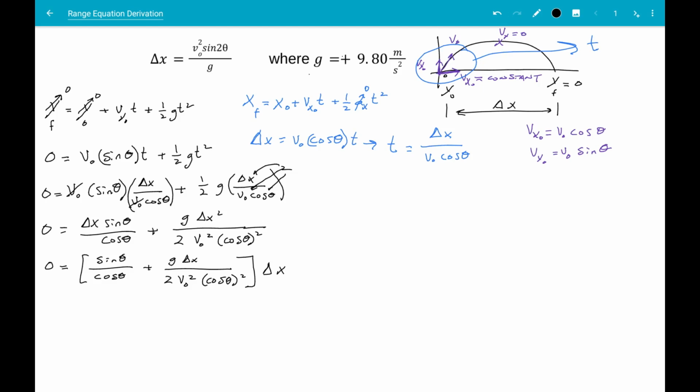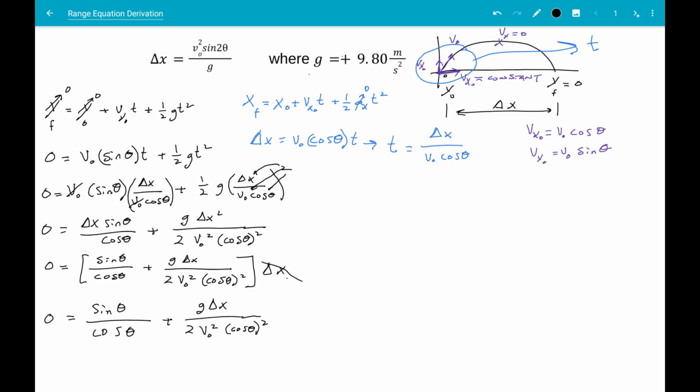Well, if I divide both sides by delta X, this disappears because delta X into 0 goes away. So 0 now equals sine theta over cosine theta plus G del X, not squared anymore because we factored it out, 2V naught squared cosine theta squared. Hey, we're almost there.